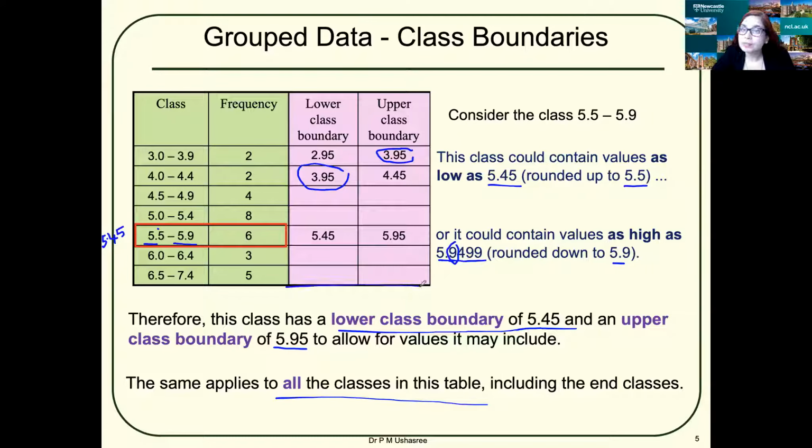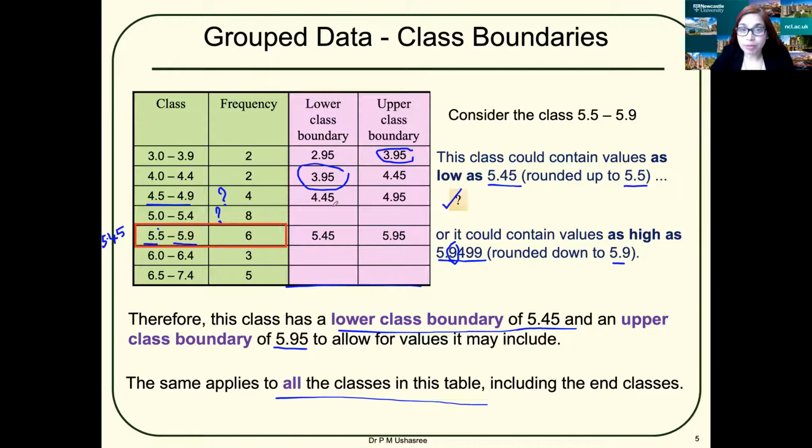Now I want you to tell me what is the lower class boundary for this class? What is the lowest value this class can have, and what is the highest value? Good.